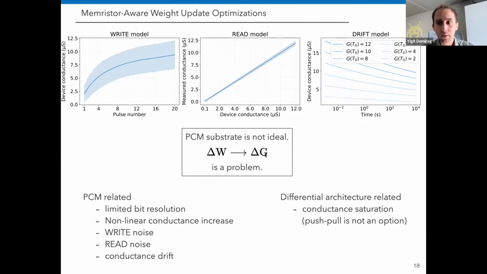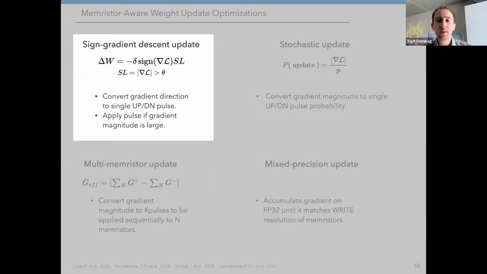So if you have gradient information calculated by a very strong learning rule, but you have a non-ideal substrate, what you can do is very simply look at the sign of the gradient. And depending on the sign, you can send single up or down pulses to one of these 2 devices. If you remember, for every synapse, we have 2 memristive devices, right?